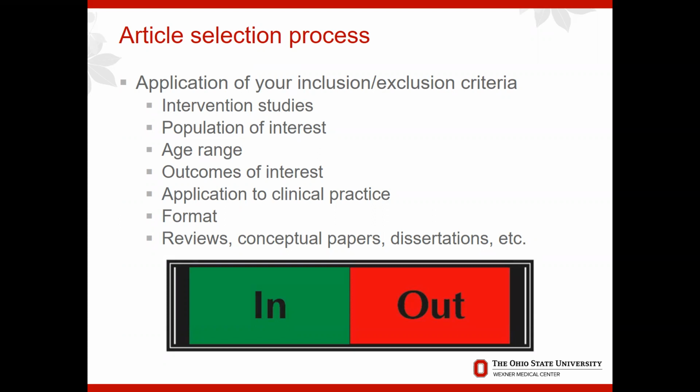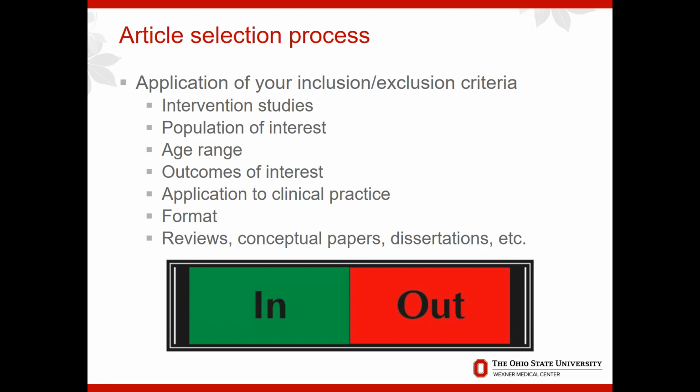You might also want to exclude conceptual papers. Those are position papers, you'll hear them referred to as. Those are papers that get published all the time, where maybe an author or a group of authors are pitching a new innovative idea, kind of getting the ball rolling on using a certain technology in practice, for instance.